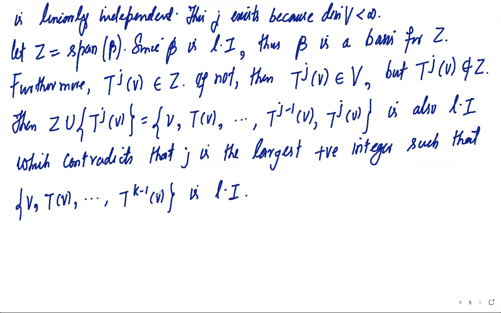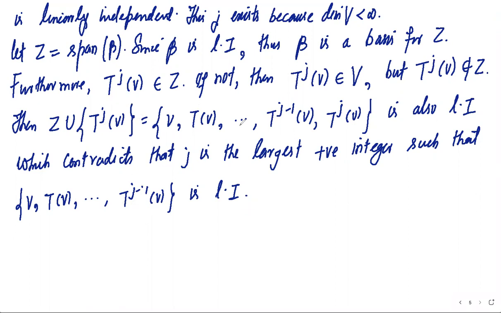So if this T^j of V is not inside Z, then this is a linearly independent set.